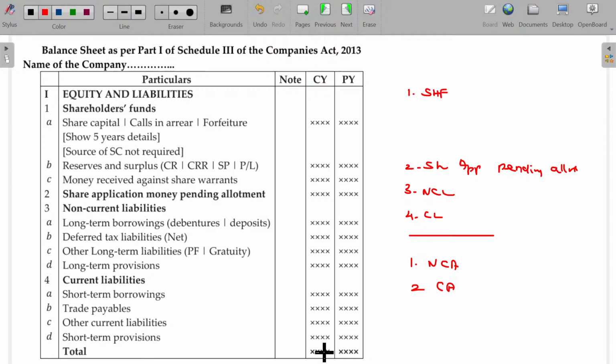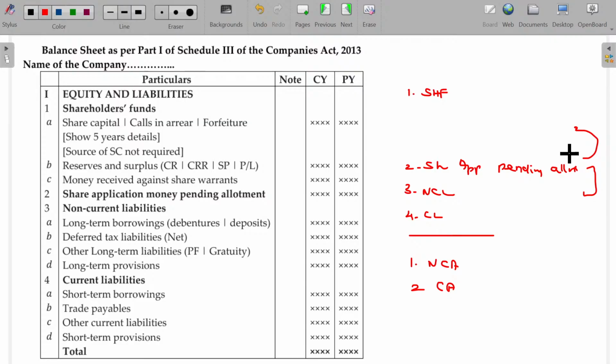So the application money received may be refundable if it is excess application money, or suppose under-subscription happened and we are not able to allot, then we have to cancel and refund this money. In case of refunding, this becomes a liability. If it is going to be allotted as shares, then it will be shareholders' funds. So until the allotment is confirmed, it will be kept as a separate line item between 1 and 3.